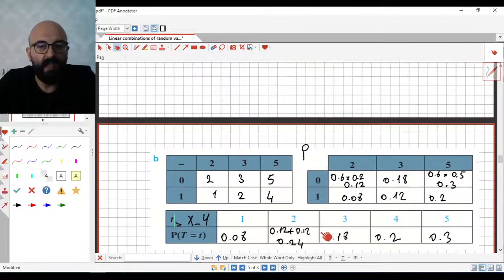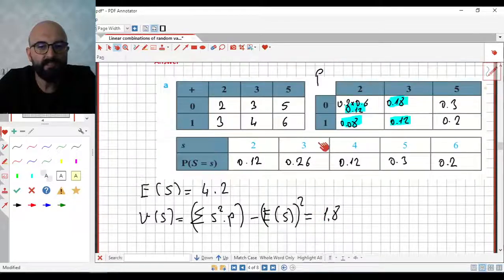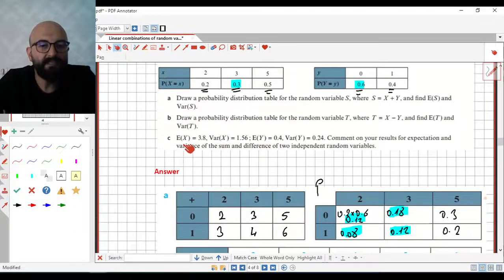Okay, now according to these values, if we want to work out the expectation of t, 3.4, the variance of t, 1.8. And then our question C, the expected value of x, 3.8, the variance of x, 1.56, and the expected value of y, 0.4, the variance of y, 0.24. Comment on your results for expectation and variance of the sum and difference of two independent random variables.